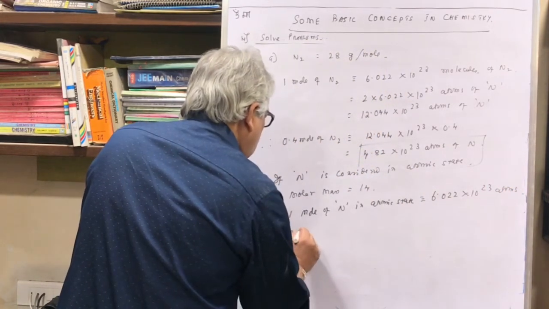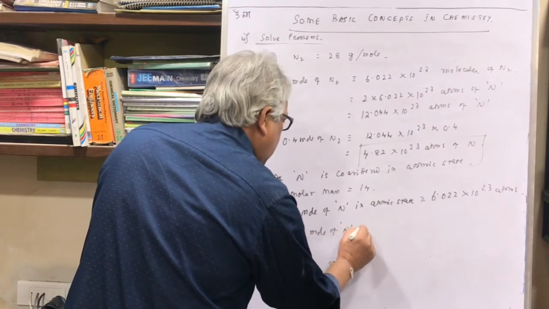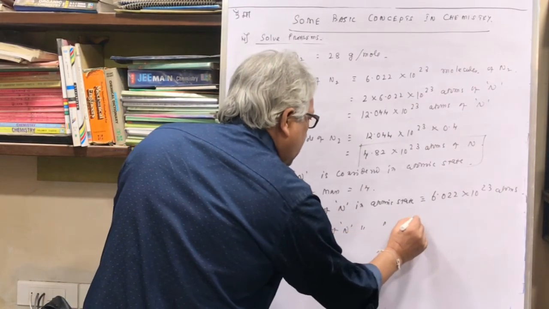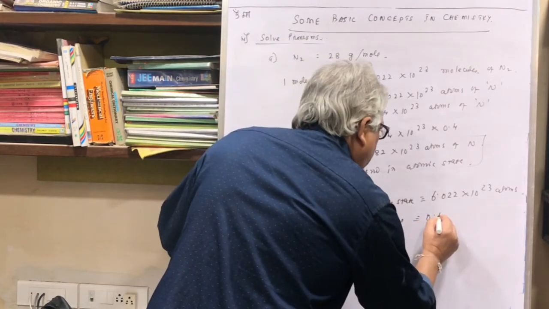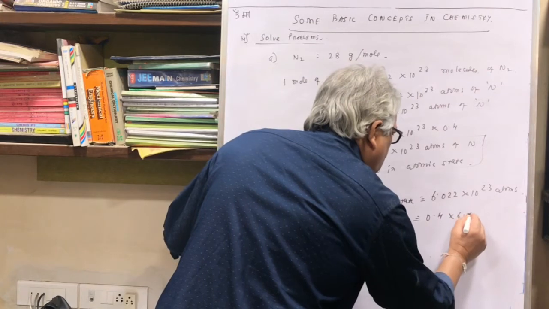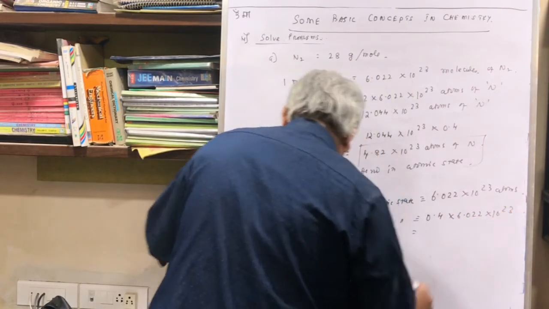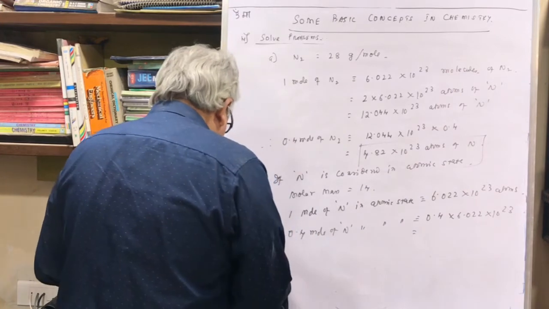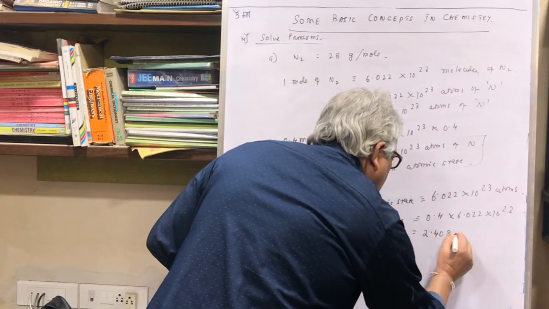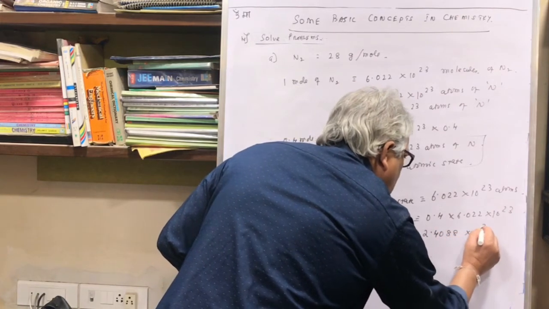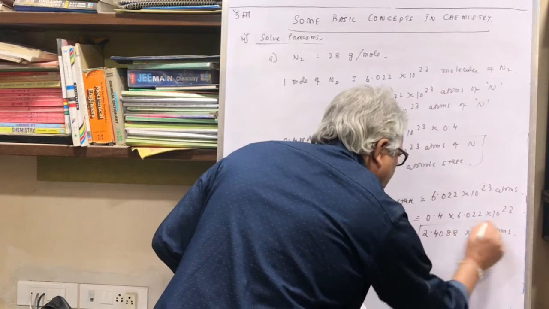Therefore, 0.4 mole of nitrogen in atomic state will correspond to 0.4 into 6.022 into 10 raised to 23, and this value will come to 2.4088 into 10 raised to 23 atoms.